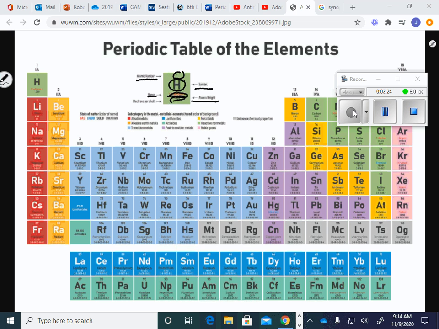A proton and a neutron weigh 1. Or 1 proton weighs 1 and 1 neutron weighs 1. A lot of the numbers on your periodic table are not even numbers. They're not whole numbers. They have decimals. And that's because each element can actually have different numbers of neutrons. So some hydrogens can have 1 neutron, and some hydrogens don't have any neutrons.